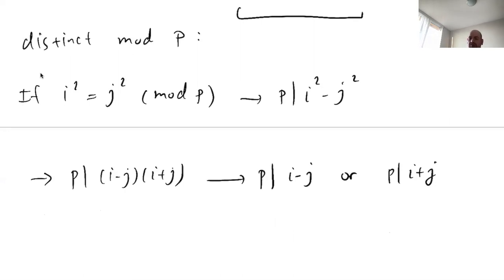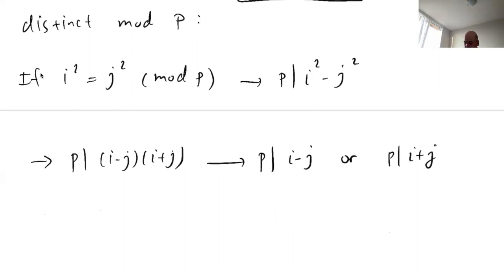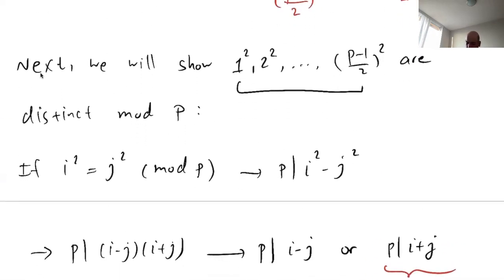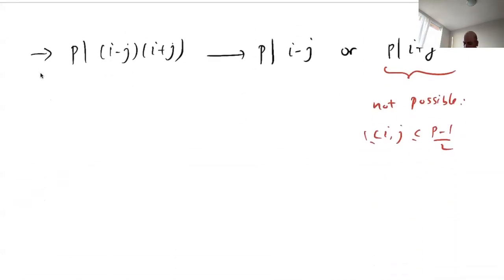Remember, we had a fact that we saw before, that if a prime number p divides ab, then p divides a or p divides b. Now, this one is not possible, because i and j are both between 1 and (p minus 1)/2. So i plus j will be less than or equal to p minus 1, and bigger than or equal to 2.